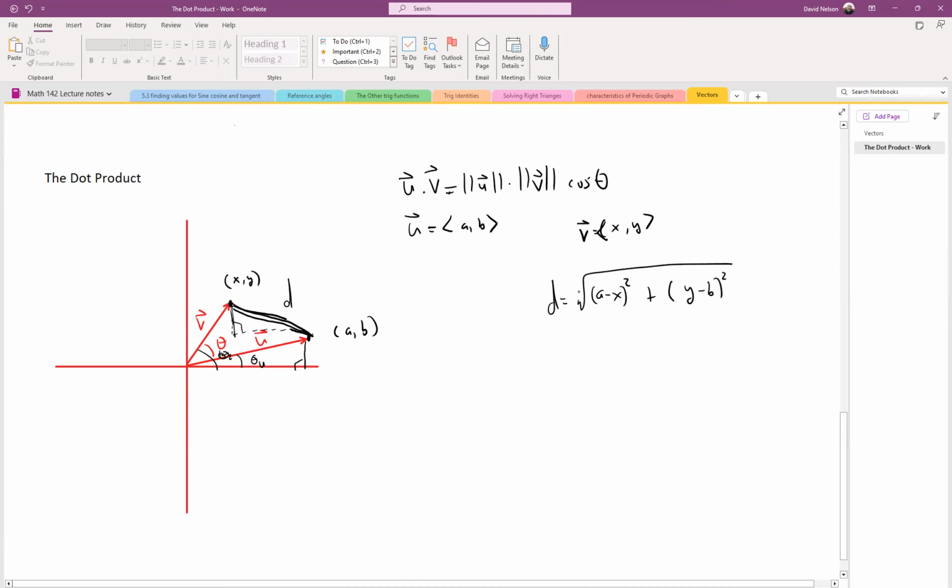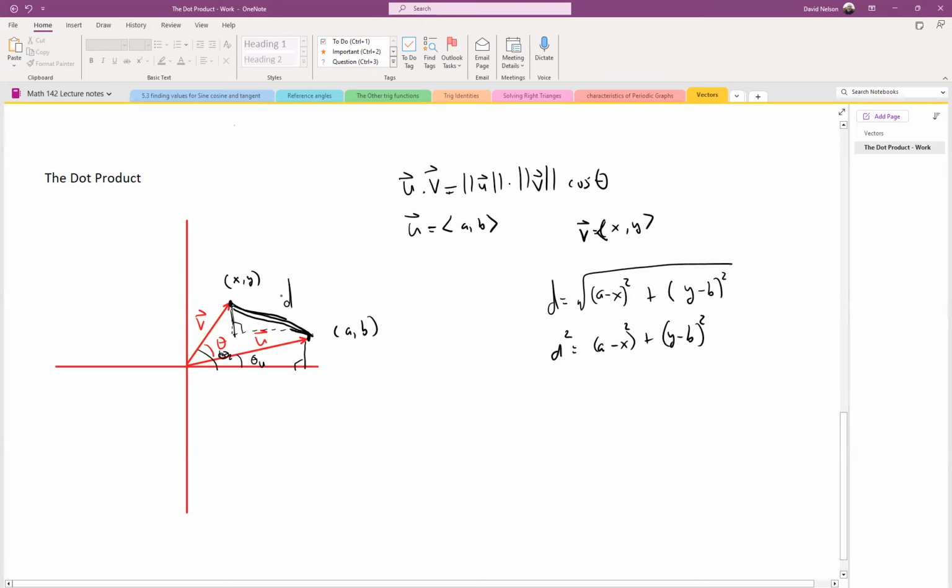And so if we apply the Pythagorean theorem, we know that x minus a squared plus y minus b squared would be d squared in particular. And actually, that's what I want. I want d squared. I know that that's a minus x squared plus y minus b squared in terms of finding the d value.